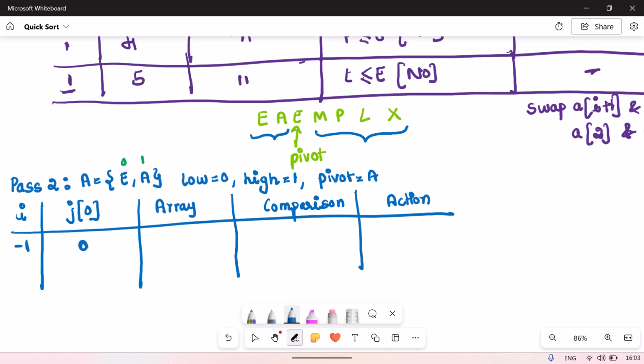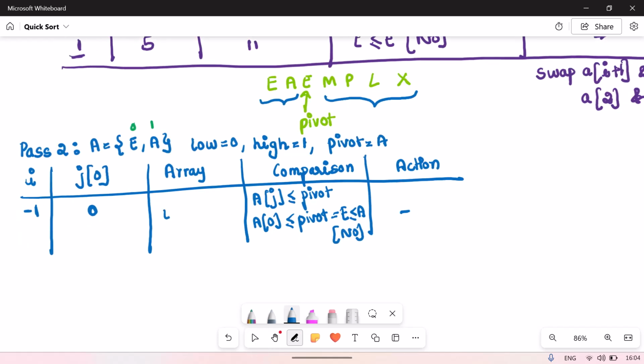Okay, so let us compare. A of J, is it less than or equal to pivot? So A of J means A of 0. Is E less than or equal to A? No. So it means no action will be taken. So the elements are E and A itself.